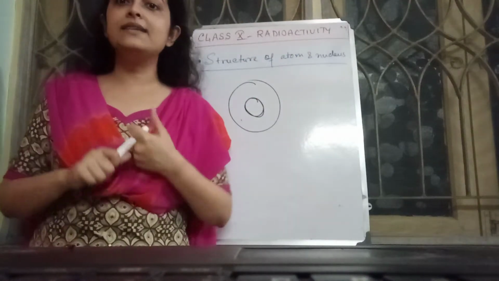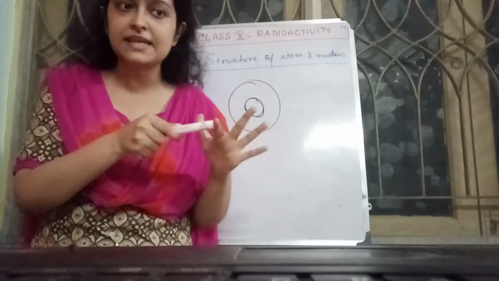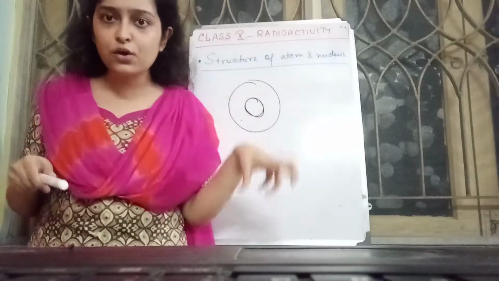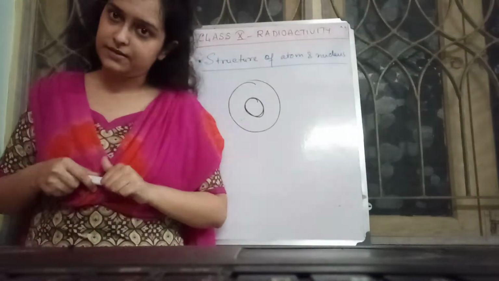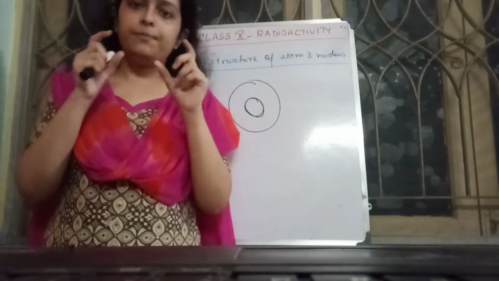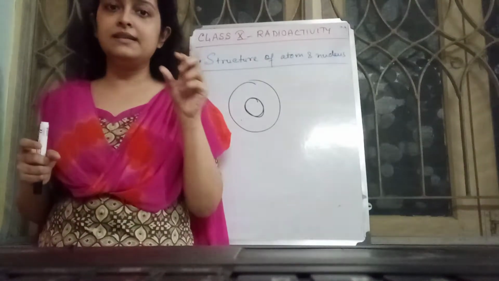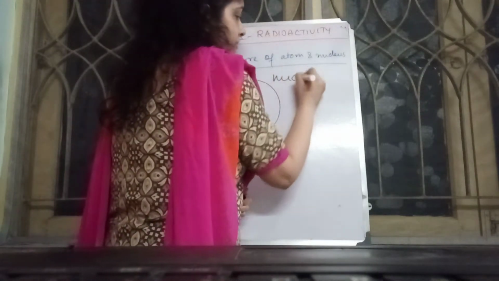So an atom as a whole is electrically neutral. So that means the number of protons in the nucleus is equal to the number of electrons in the extranuclear part, right? And what name do we have for the subatomic particles inside the nucleus? We call them nucleons.